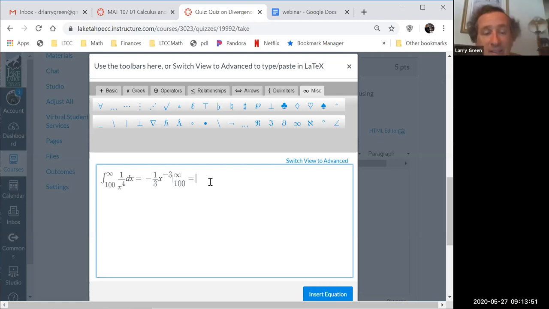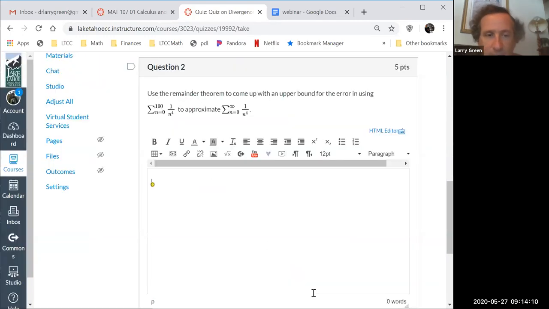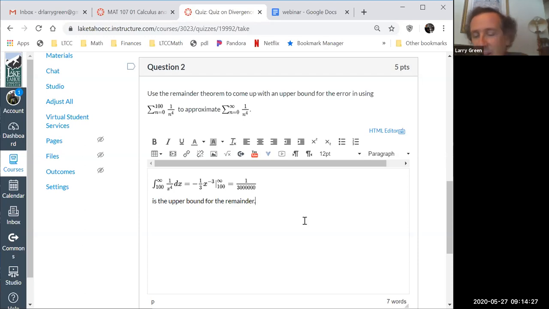And then we have a minus, so that's a plus. We plug in 100, and that's equal to 1 over, and we still have the 3, and then 6 zeros, right? Every time you multiply by 100, you get 2 more zeros. That is the upper bound for the remainder. Don't make it look easy. So there's nothing to do. You just use the theorem and you integrate from 100 to infinity.